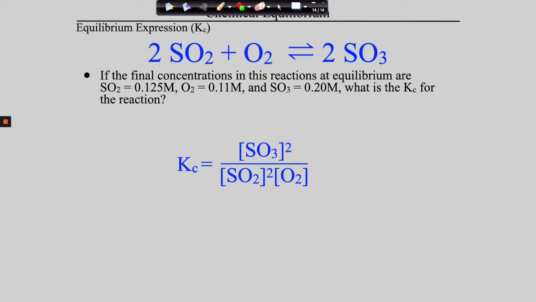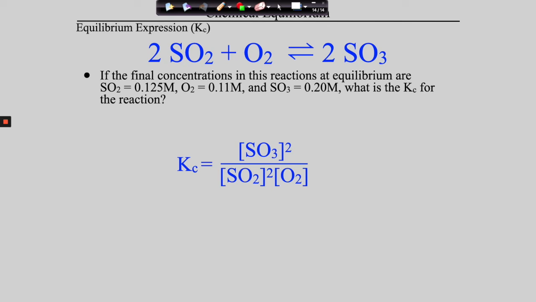So it says this, if the final concentrations in this reaction at equilibrium, guys remember that's the point where the forward and reverse rates are equal, that's our 70-30. If the final concentrations are SO2, 0.125 molar, O2, 0.11 molar, SO3, 0.2 molar, what is the Kc?